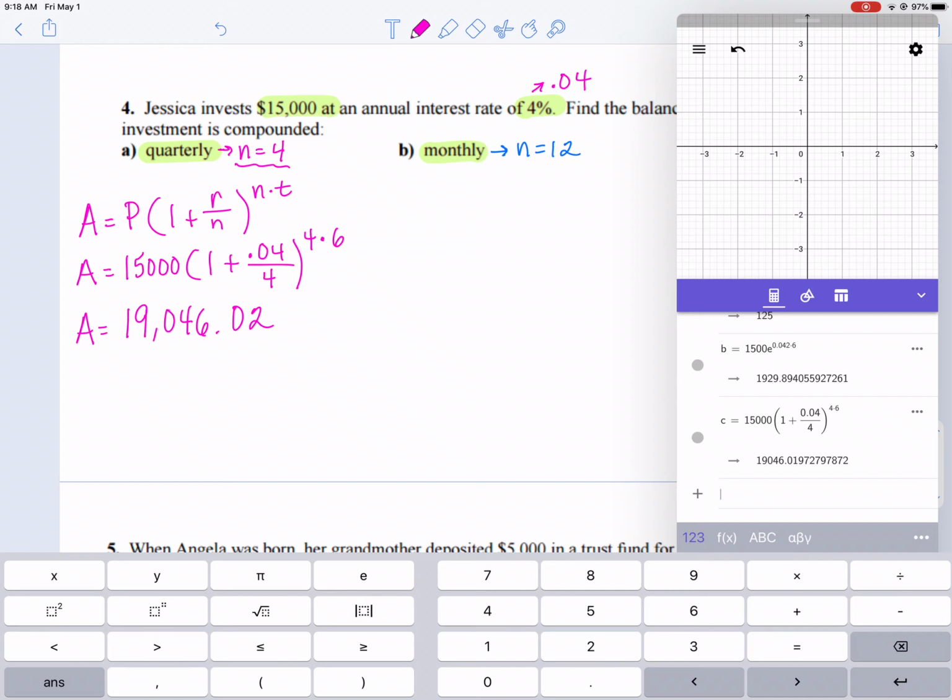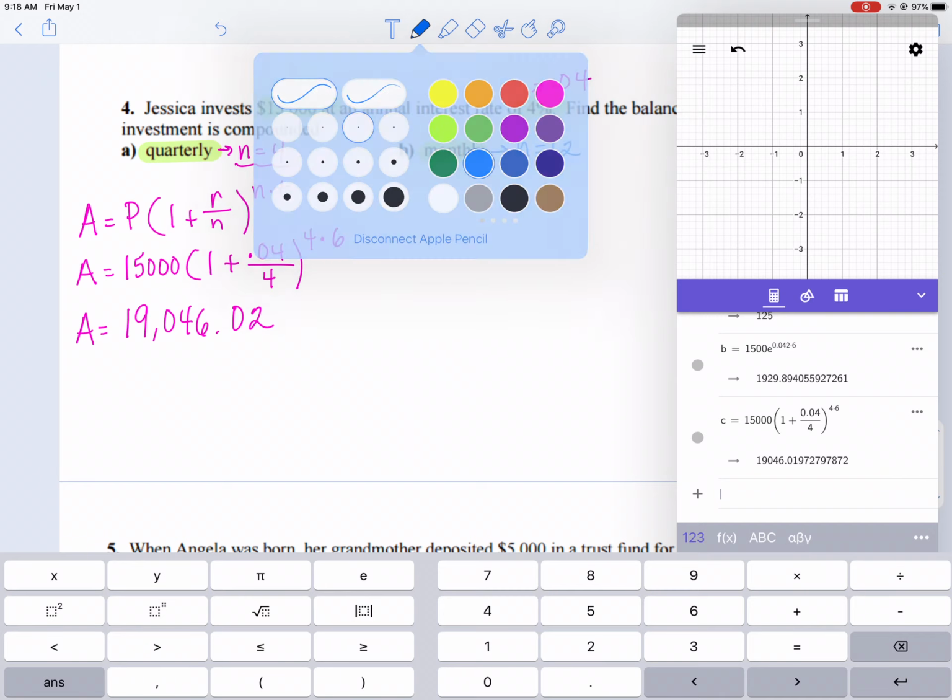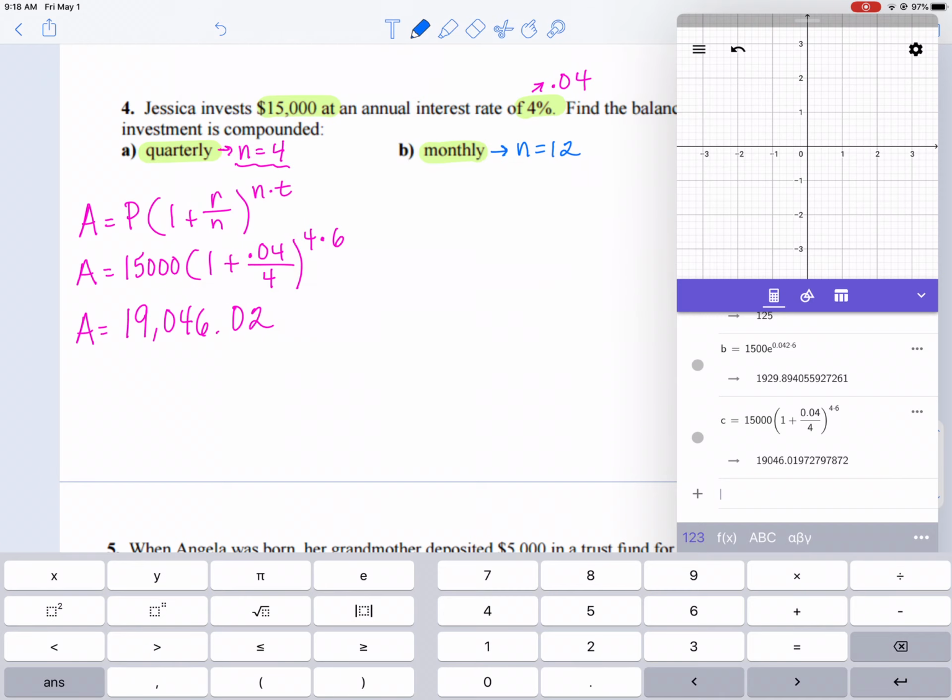Okay, so how is it going to change for monthly? The only thing that's going to change for monthly is now, instead of dividing by 4, you're going to divide by 12. I'm going to take my 15,000, 1 plus 0.04 divided by 12 to the 12 times 6.